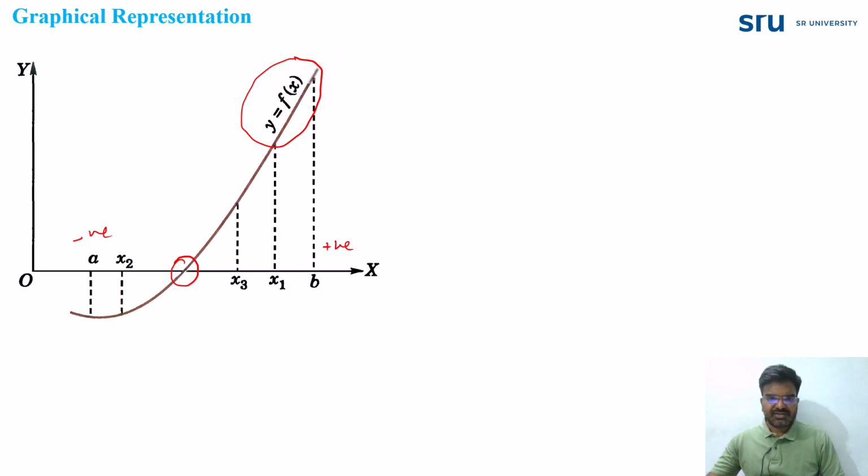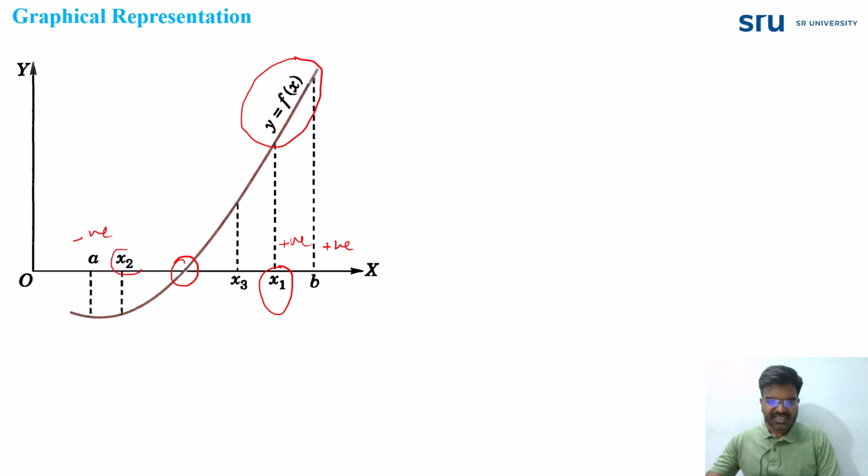First, you can see the first approximation. Suppose x1 is the first approximation, that is the midpoint of a and b, and at x1 the function is positive. So the root lies between a and x1. Next, we take the midpoint of a and x1.